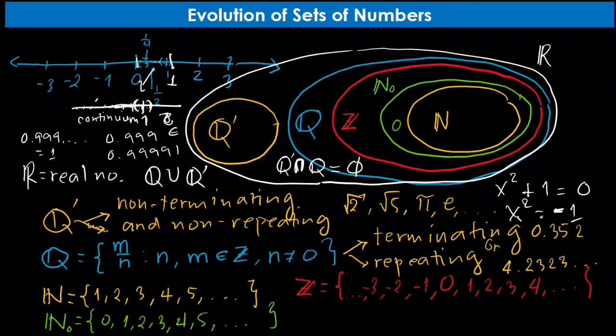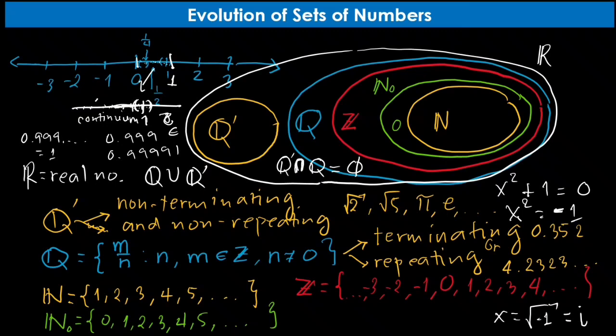And the only way to get it is to let x equal the square root of -1. And this number is no longer a real number. So what is this number? Now we denote this as the imaginary number. This is denoted as i, or simply the imaginary number.